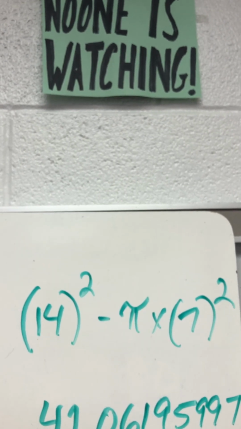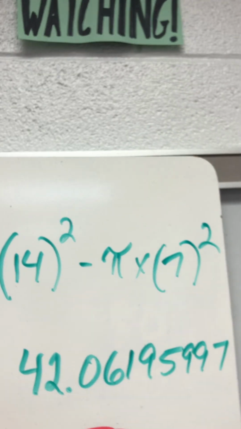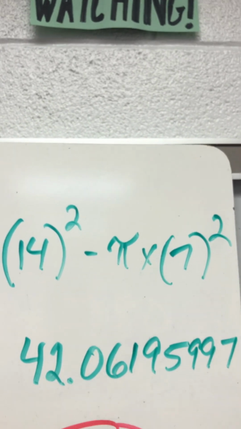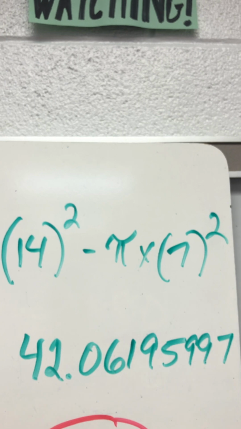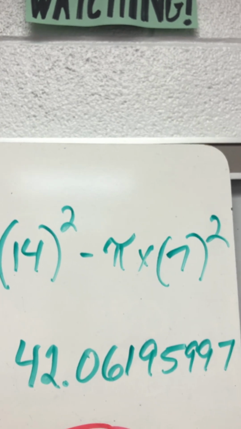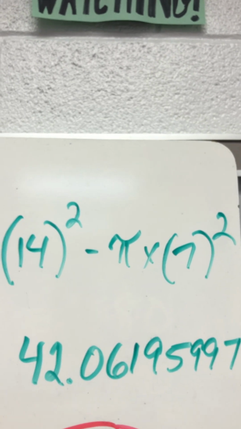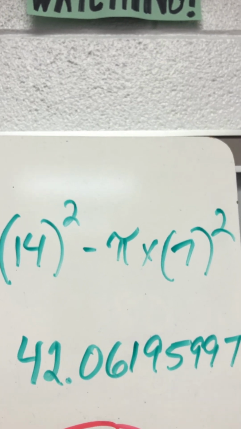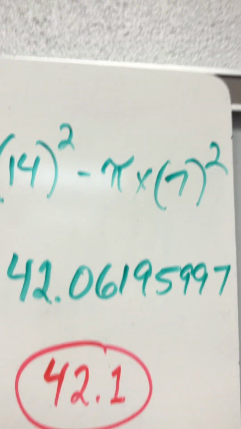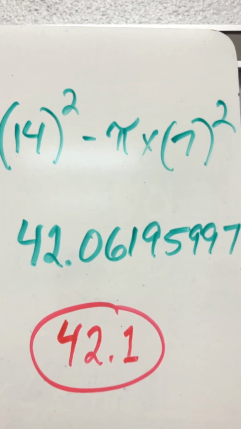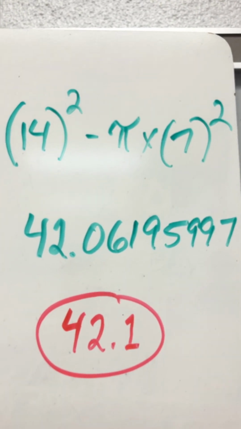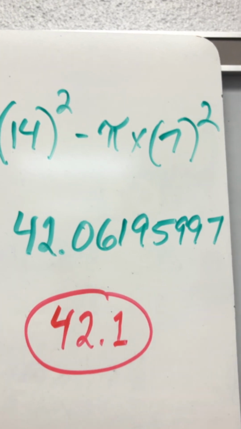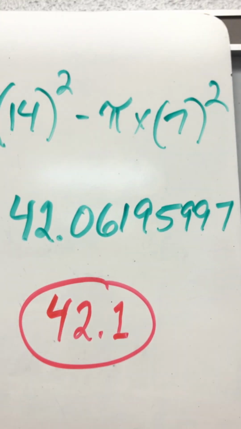Now, please be careful. If you get 42.061959997, you need to go to the nearest tenth. The tenths place has a 0, but look at the 6 next to the 0. That rounds you up to 42.1. If you put 42.0, you'll get it wrong. Okay, 42.1.